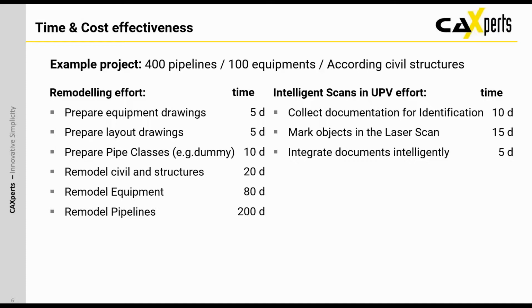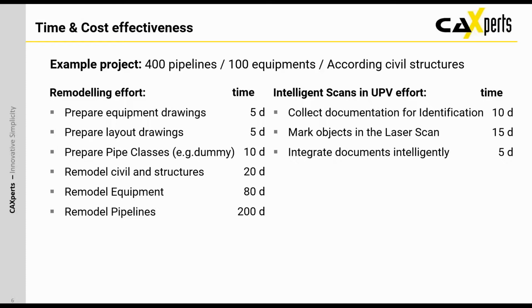While the effort for intelligent scans in UPV takes the following: collect documentation for identification, about 10 days. This is approximately equal to the first 2 points on the left side. Then mark the objects in the laser scan. We don't really make much of a difference between pipelines and equipment here, because it's all part of the object definition in marking.